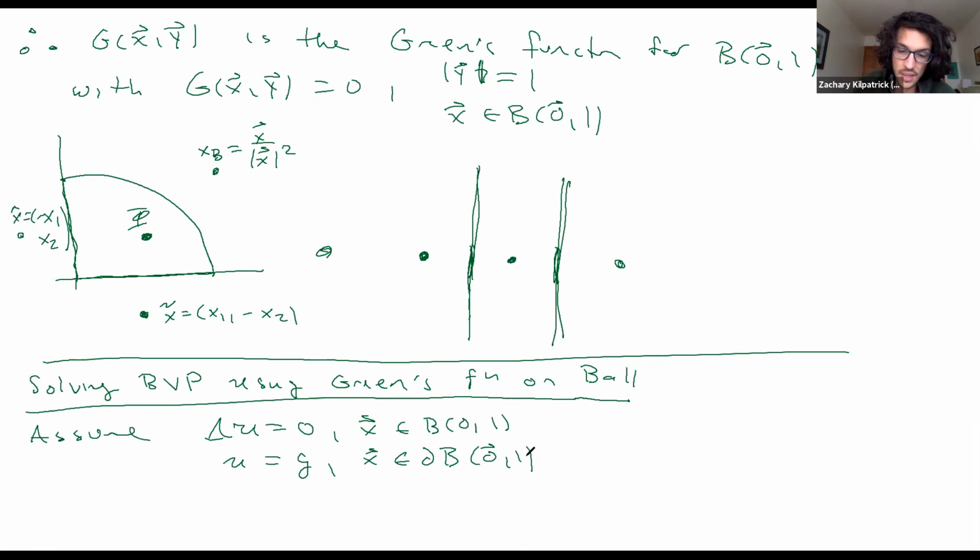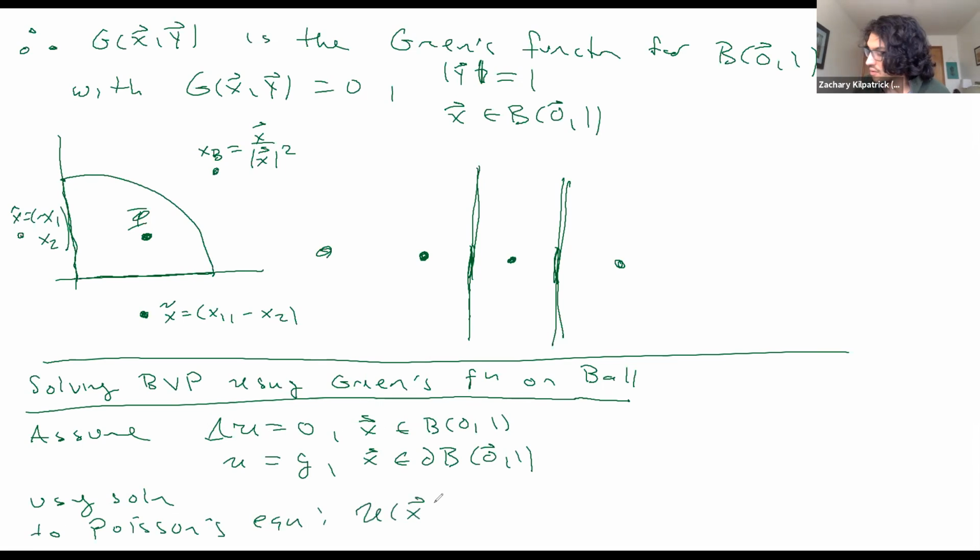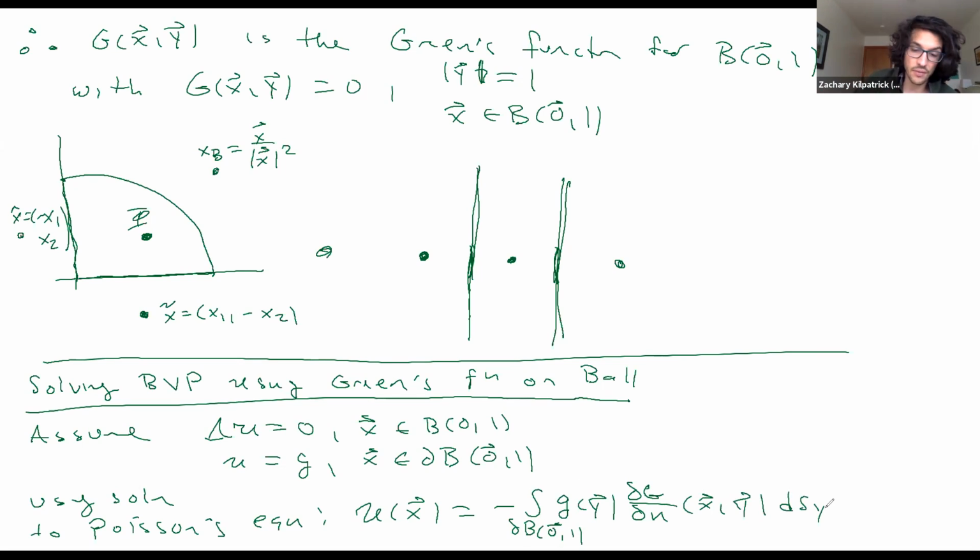So we talked about this a while ago, and you can essentially, using the solution to Poisson's equation, write u of x as just the integral over the surface of the boundary of your boundary condition integrated against the normal derivative of the Green's function here.